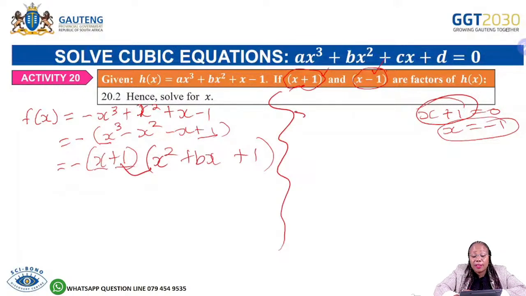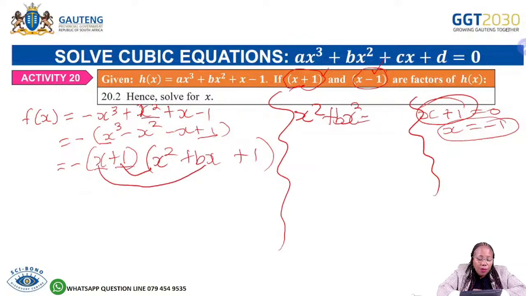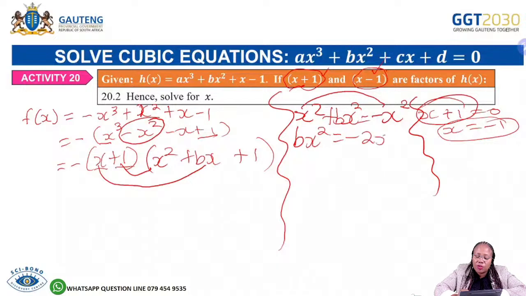It's a 1x squared, and then bx squared equals the x squared in your equation where you have taken out a negative, minus x squared. So bx squared will be minus x squared minus x squared, which is minus 2x squared. Therefore, the value of b is what? It's a negative 2.